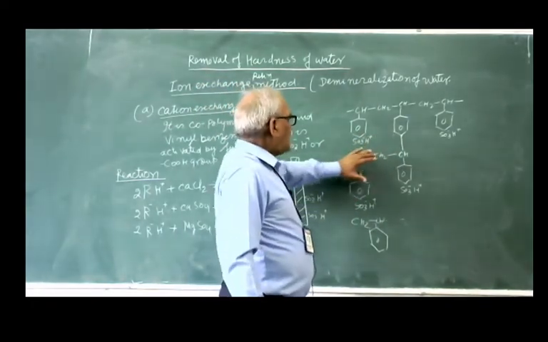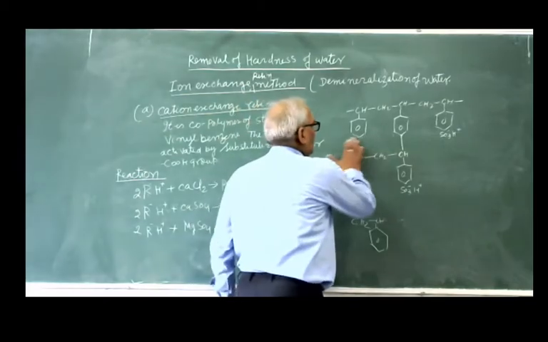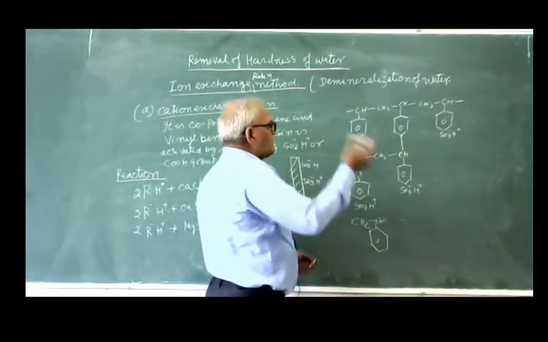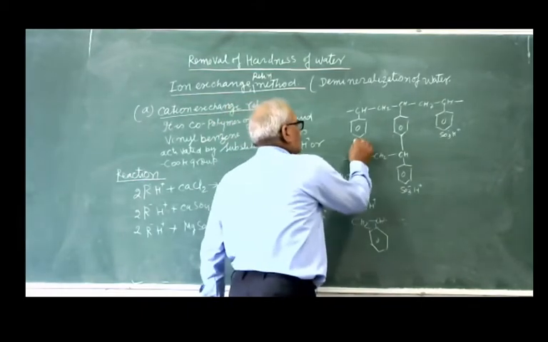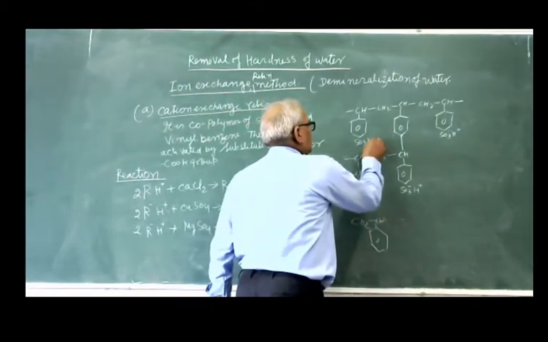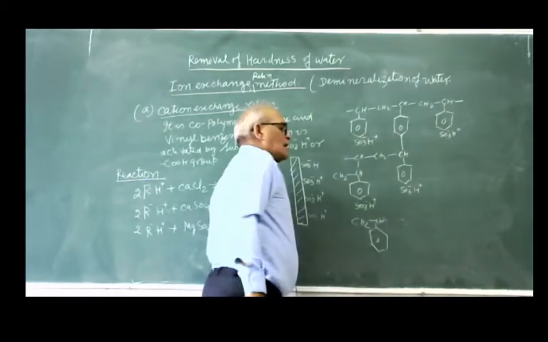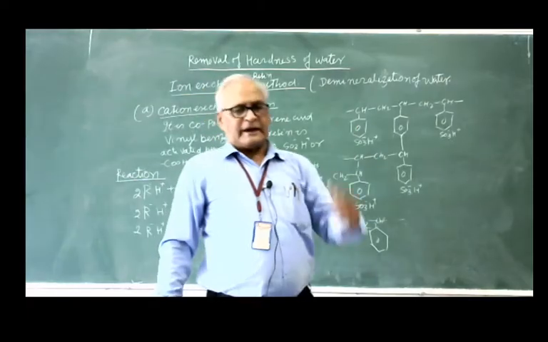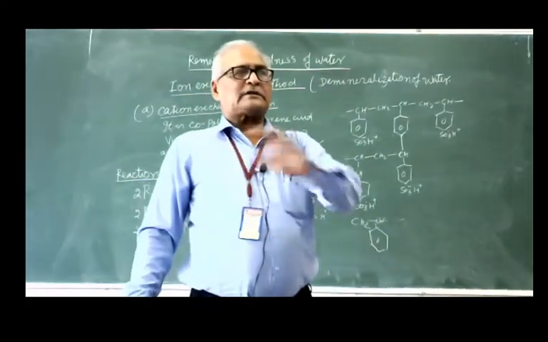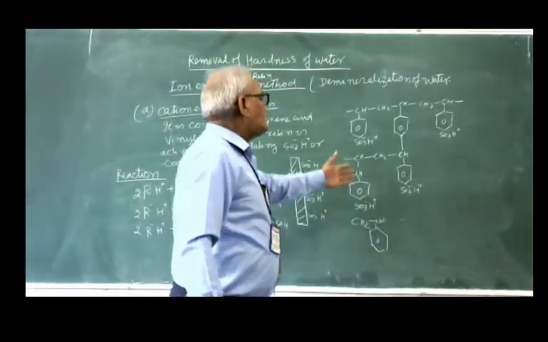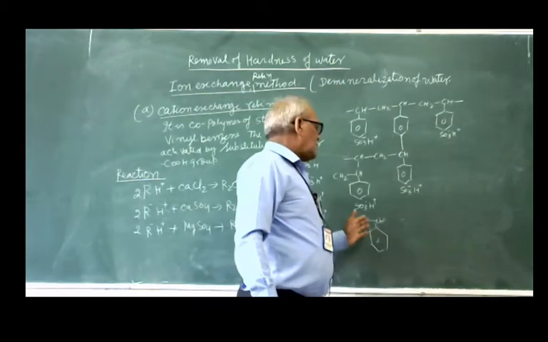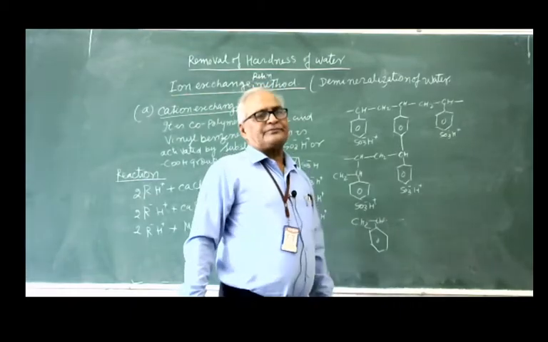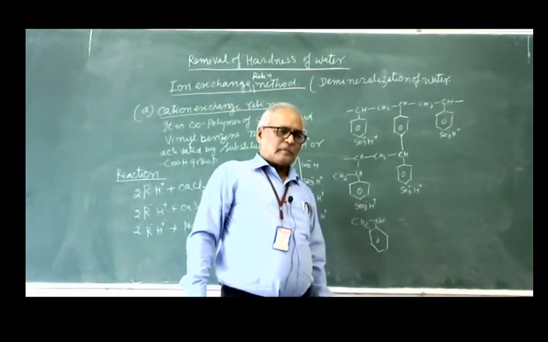So this is the cation exchange reagent. Originally this is the reagent, and now it is activated. SO3H activated means the benzene ring is sulfonated. By sulfonating the polymer reagent, we get the activated reagent.